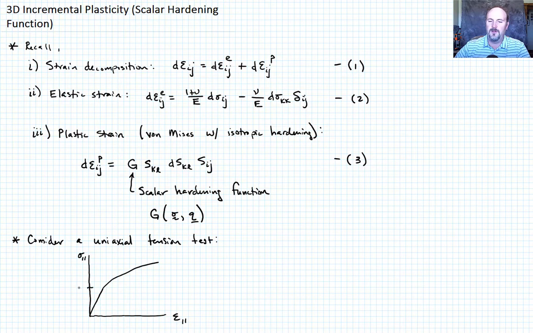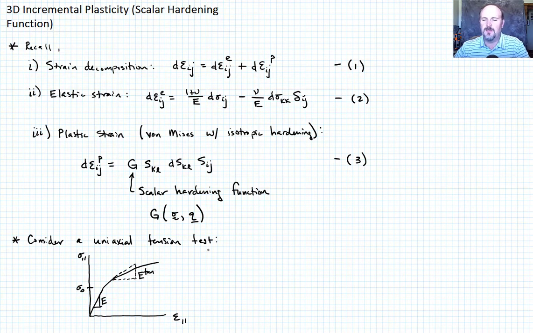At this location, that'd be our initial yield stress, sigma naught. The slope up until then is Young's modulus. If we pick some point on the curve where yielding is happening, we would call that slope the tangent modulus, E tan.